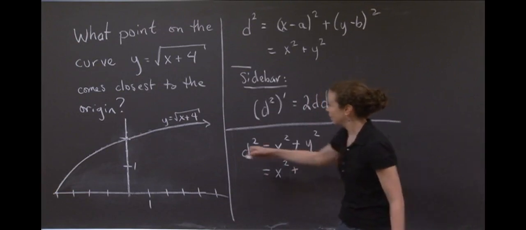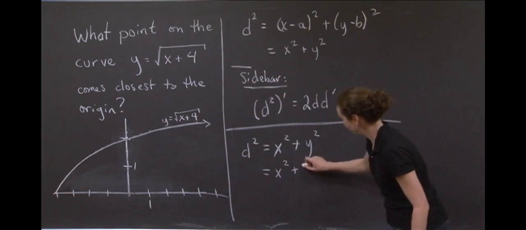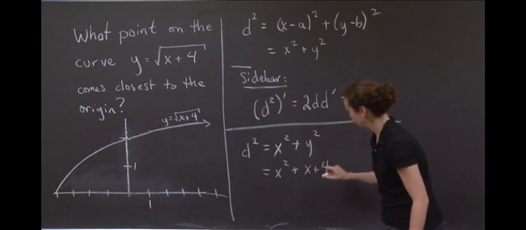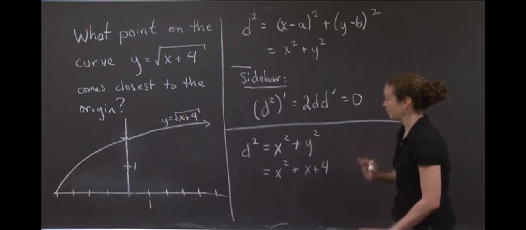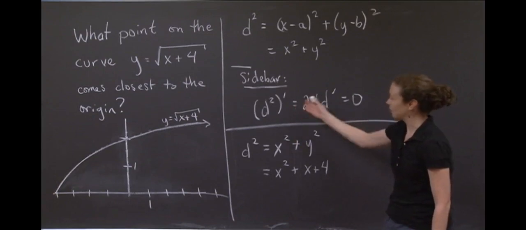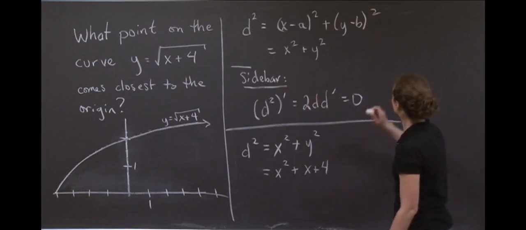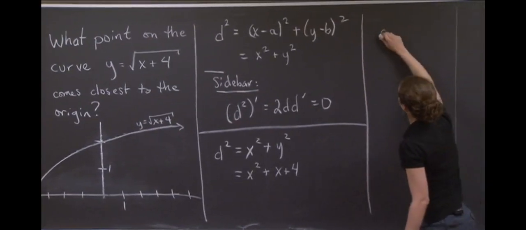So y squared is the square root of x plus 4, quantity squared, so I just get x plus 4. So now I have my optimization equation. How do I find a minimum or a maximum? I take the derivative and set it equal to 0. Let me give myself a little more room and do that over here.